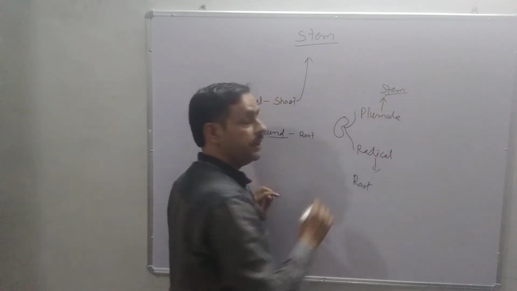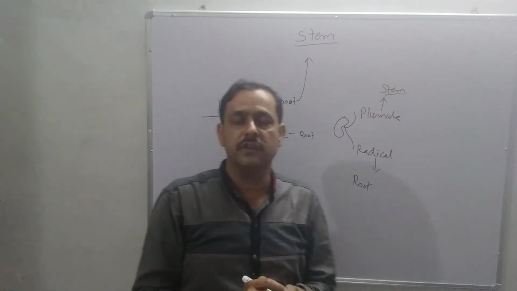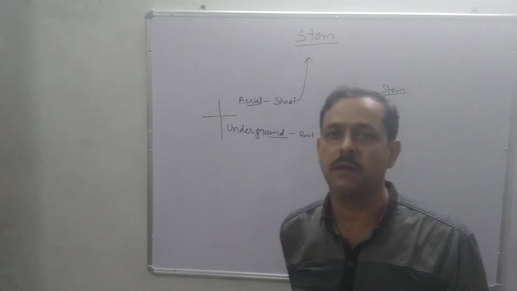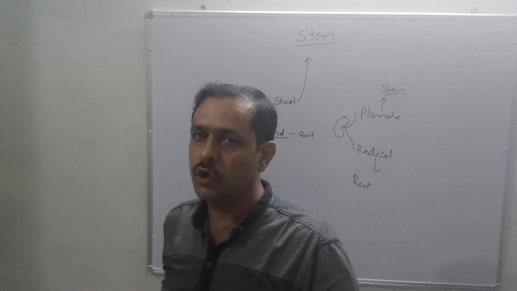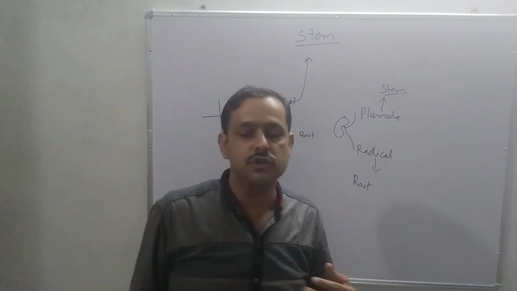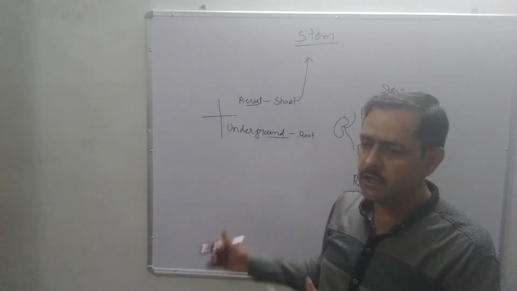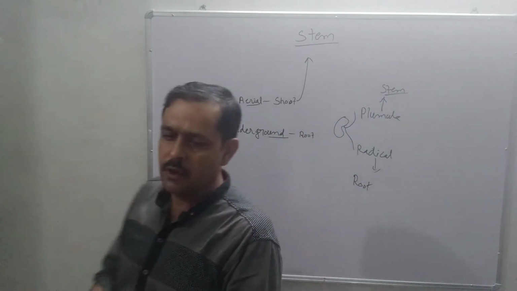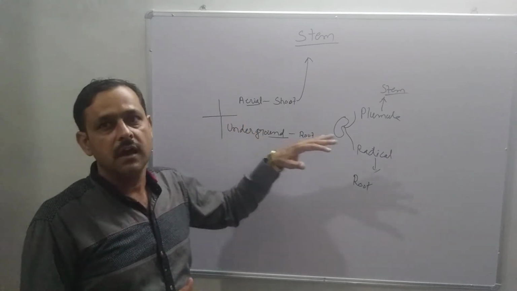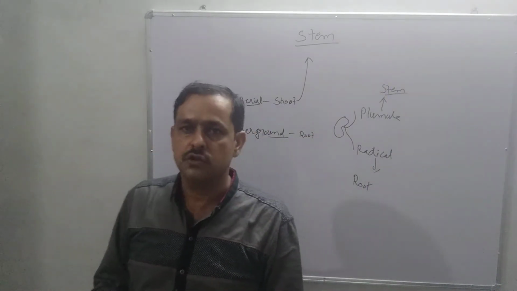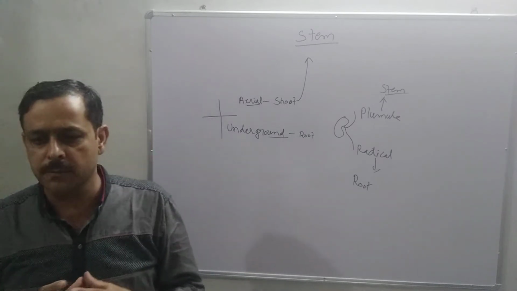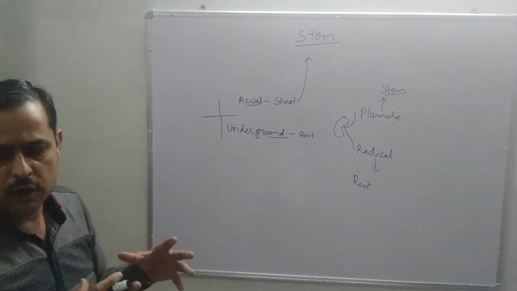So the aerial part of the plant or the main axis of the shoot is called stem, and stem can grow positively phototropic and negatively geotropic. There are many characters of stem. First of all, stem bears leaves, branches, fruits and flowers. All these structures are borne by the stem, and it represents the ascending part of the shoot system.